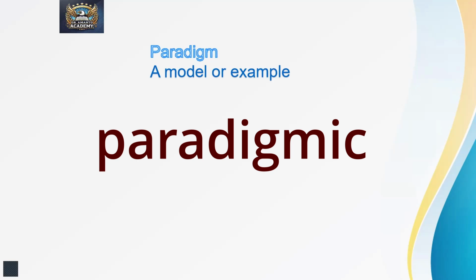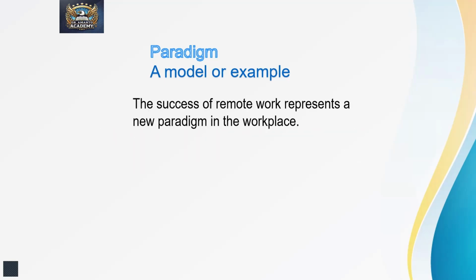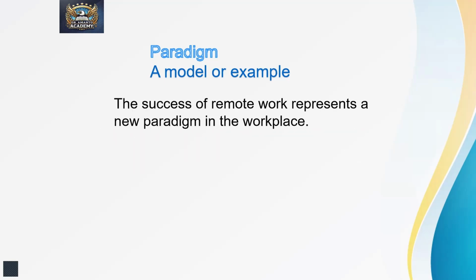Paradigmatic can be used as the adjective form of it. Example: the success of remote work represents a new paradigm in the workplace. Represents a new paradigm means a new pattern that others can follow, a new model that can be followed. The success of remote work.